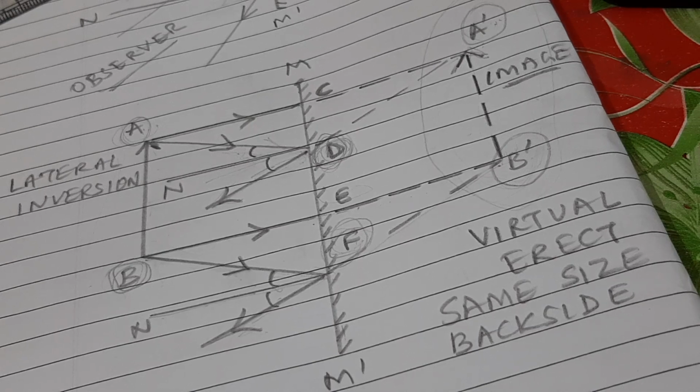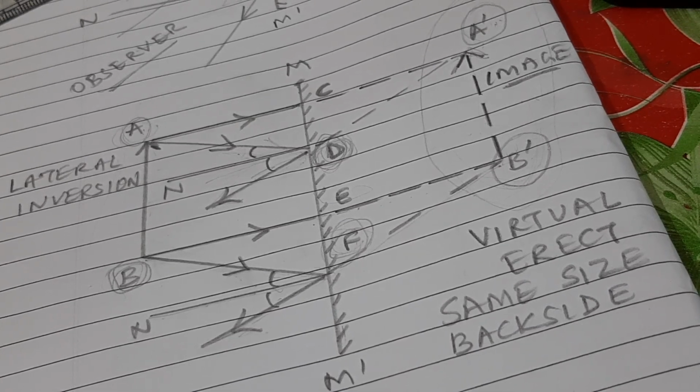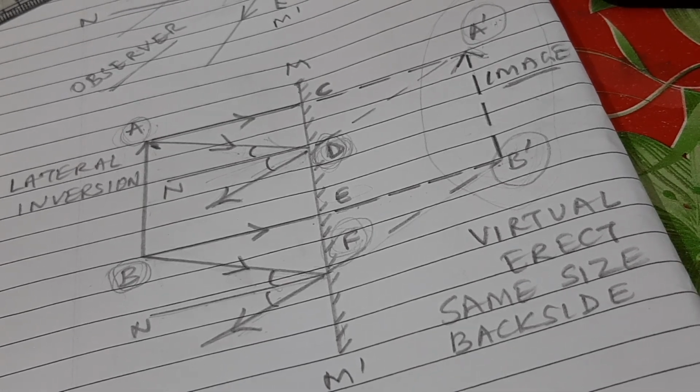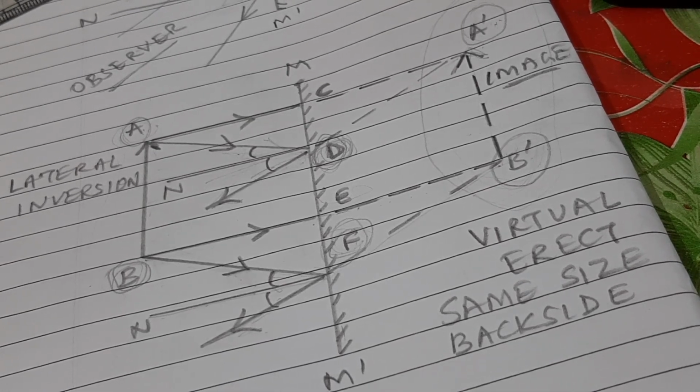So the right side of our body becomes the left side in the image, and the left side of our body becomes the right side of the image. Okay, so this is called lateral inversion.